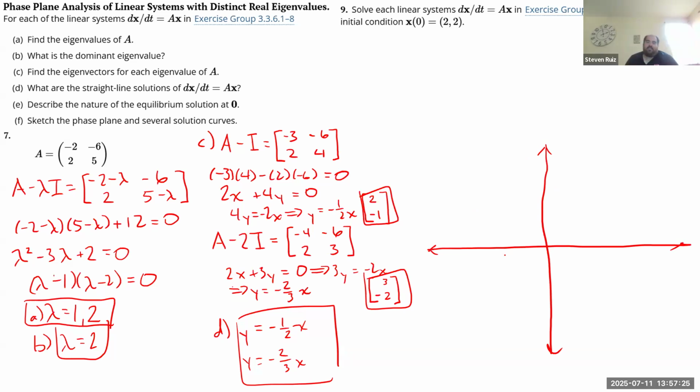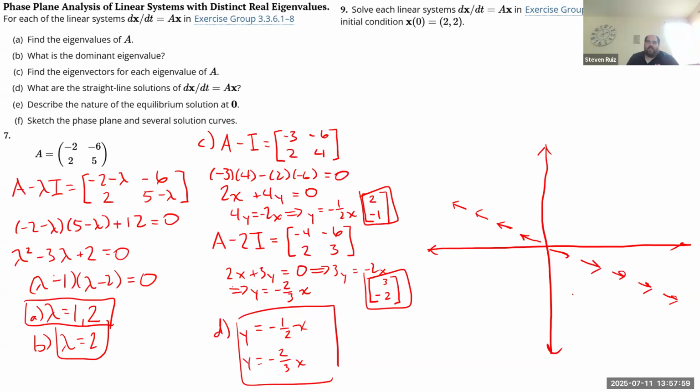So first, straight line solutions, negative 1/2 x. I'm going to be a little more rough this time, but that's okay. I know these vectors are trending away along my straight line. Why? Because it's a source. My equilibrium is the origin. That is the only equilibrium I'll ever have, and 0, 0 will always be my equilibrium. So I have straight lines along the slope y equals negative 1/2 x passing through the origin.